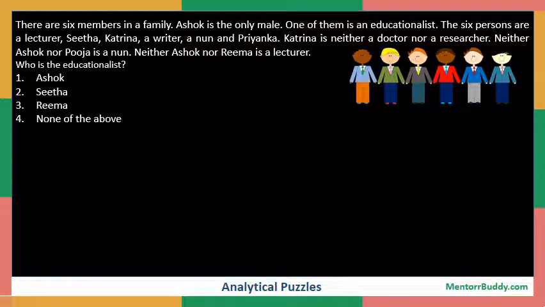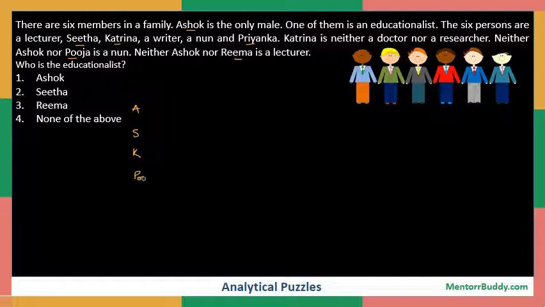As we can see in this particular question, there are 6 people. If I go through their names, it is Ashok, Sita, Katrina, Priyanka, Pooja, and Rima. So I'm just going to write their initials on one side. Ashok. The next is Sita, Katrina, Pooja.